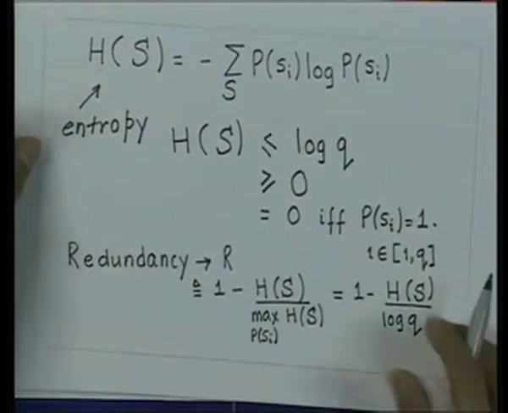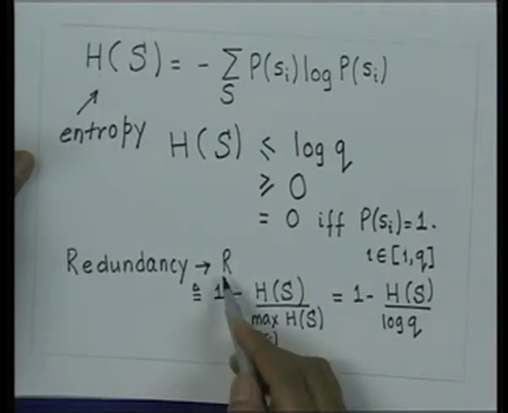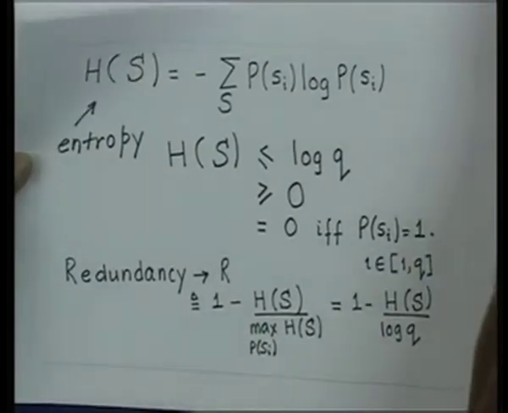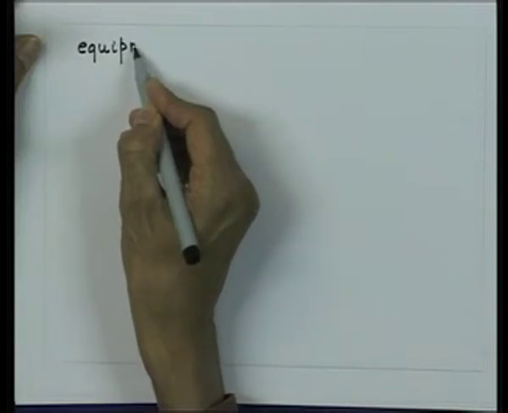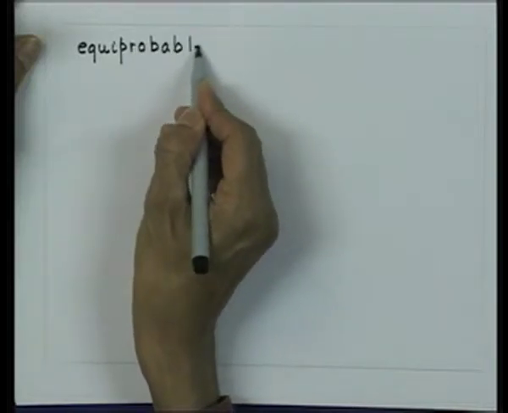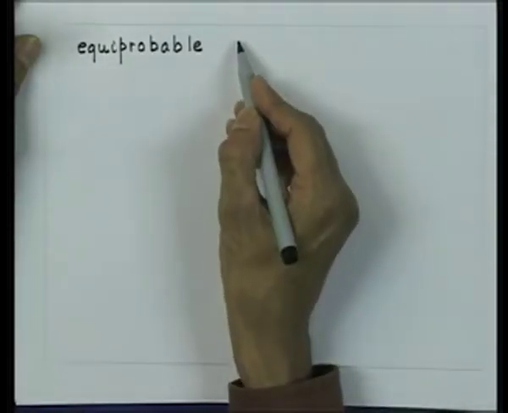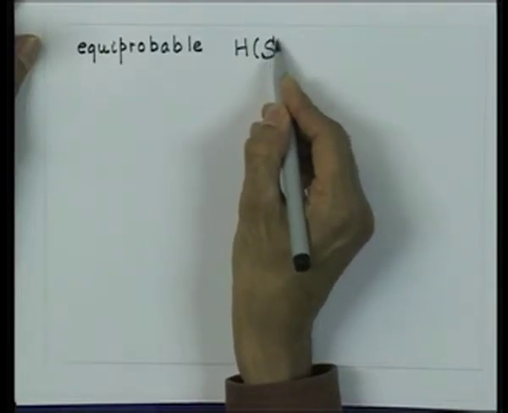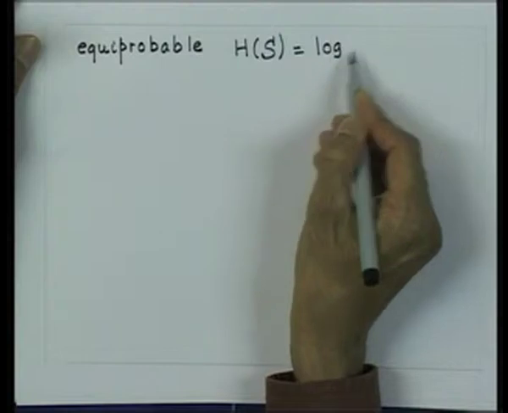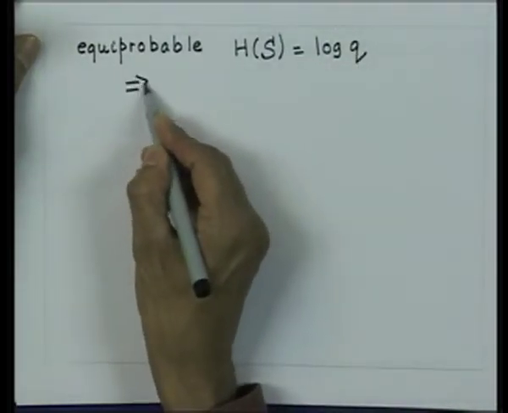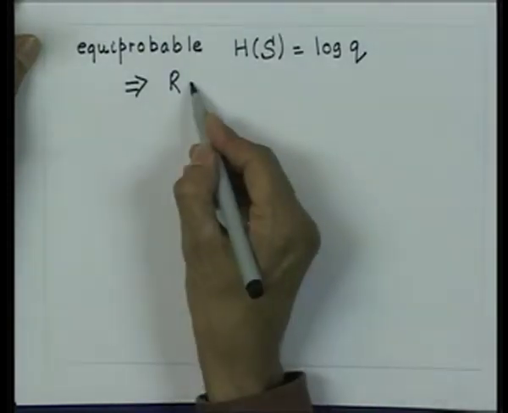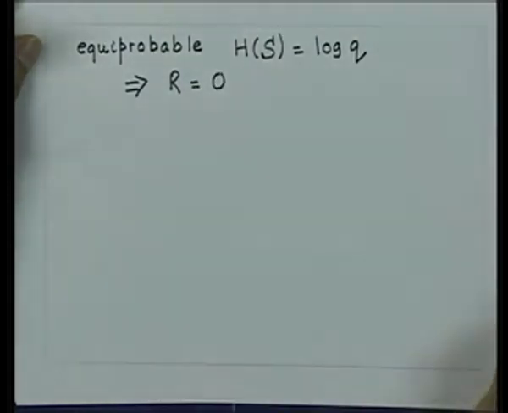Let us look at the property of the parameter redundancy. When you have equiprobable symbols, actual Hs is equal to log q, and this will imply that the value of redundancy R is equal to 0.